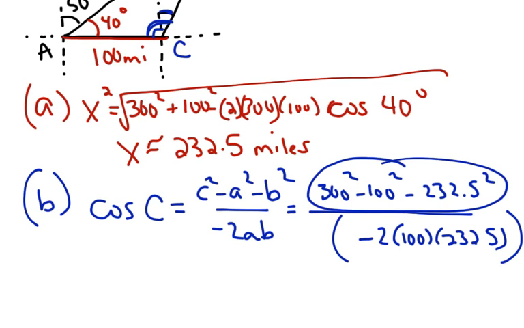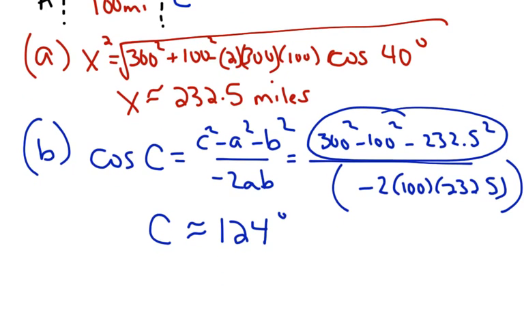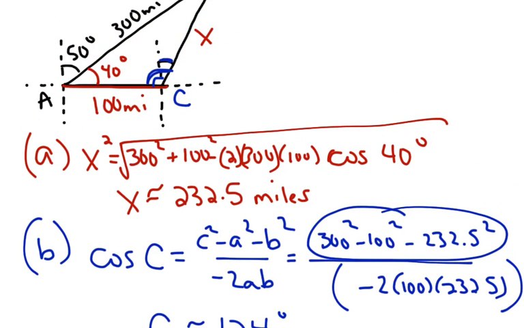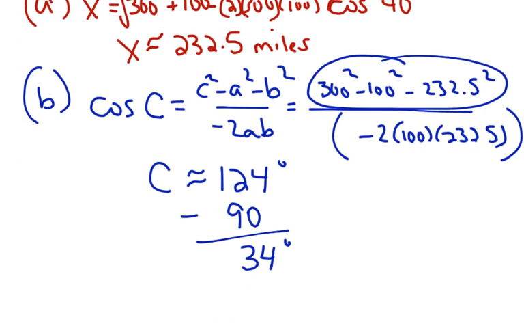When I take the inverse cosine of that, I should find out that C is approximately 124 degrees. But that's not my bearing. I need to subtract the right angle from it. And I find out that the little angle I'm left with is 34 degrees. So this angle here, if I write it using a bearing, is going to be north 34 degrees east.